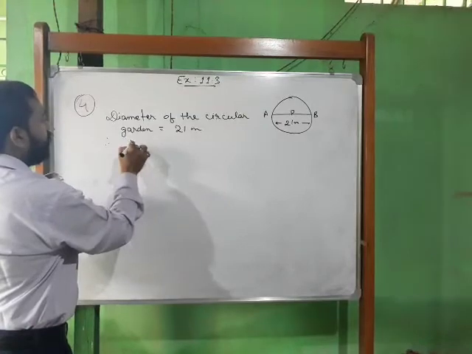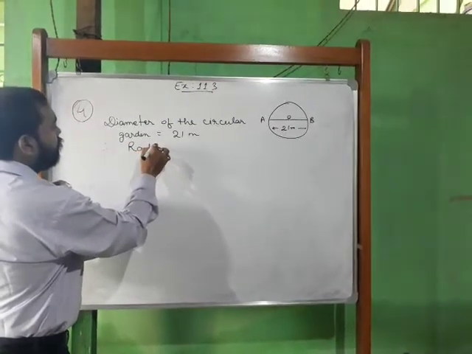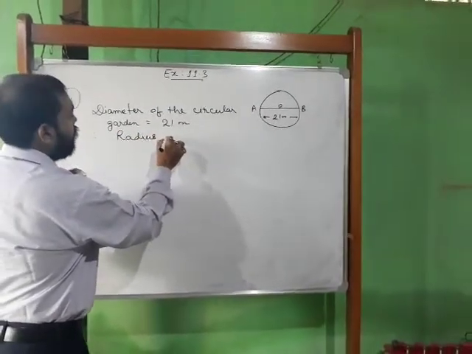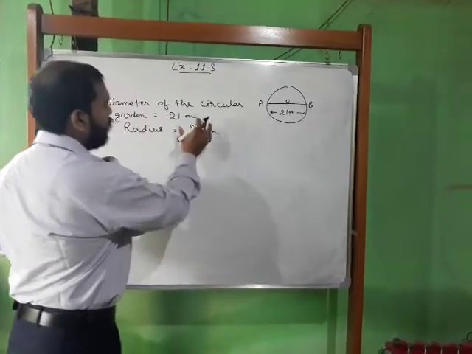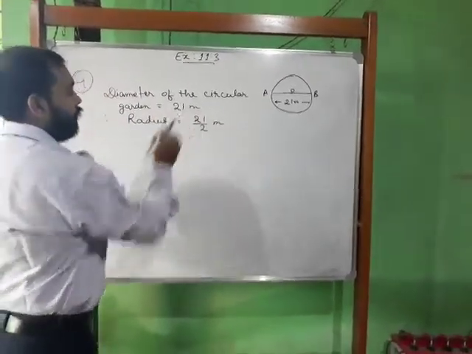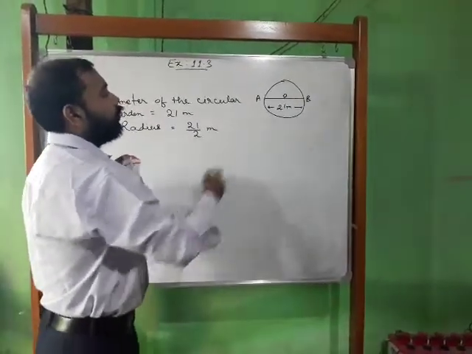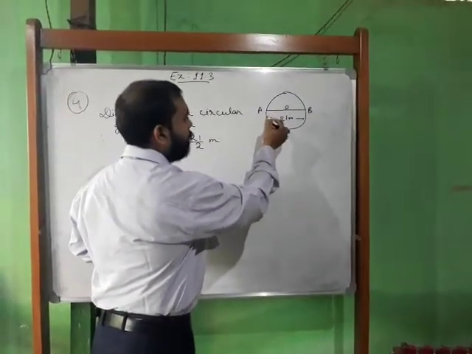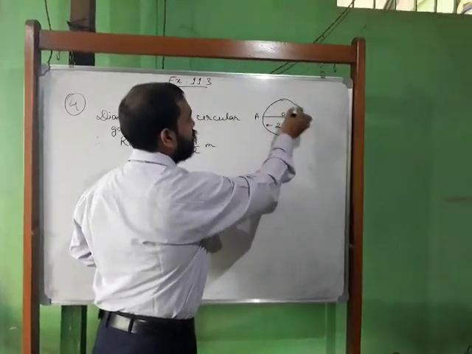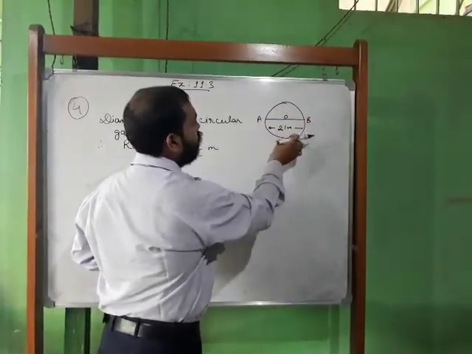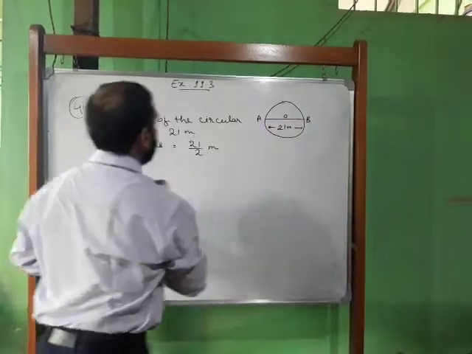Therefore the radius is equal to 21 by 2 meter. Let us keep it as a fraction. Now since we have to make a fence around this garden which is circular in shape, we have to find the circumference of this circle.